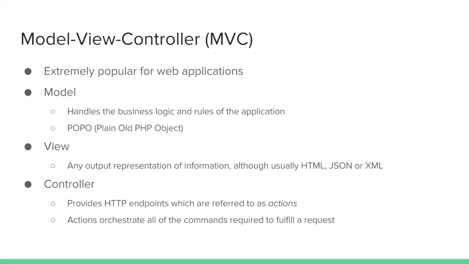So basically, when an HTTP request is issued towards the server, this request is mapped to a controller action by something called routing, but we'll get back to that. And the controller is responsible for handling the request, doing all the things that have to be done, and sending the appropriate data to the view layer for representation.